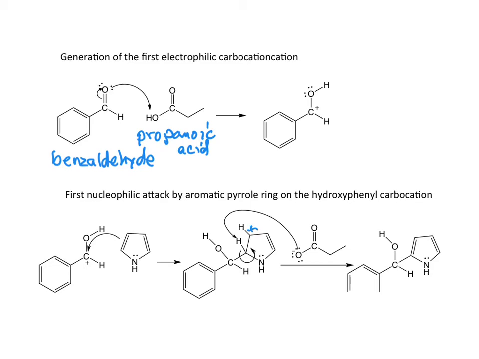So there is our carbocation aromatic intermediate. Our propanoate can act then as base to take the extra hydrogen ion. The electrons in that carbon-hydrogen bond can fall back into the aromatic system, and we have modified our pyrrole.